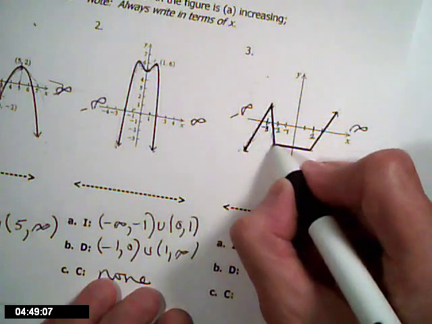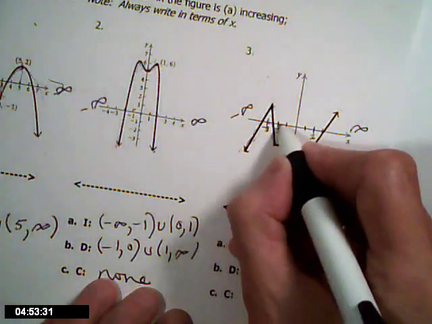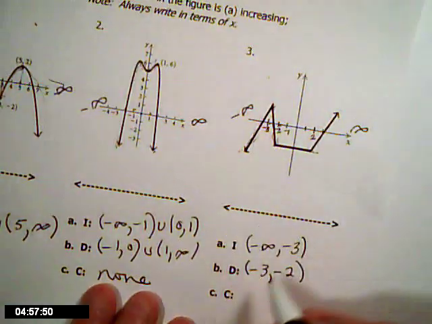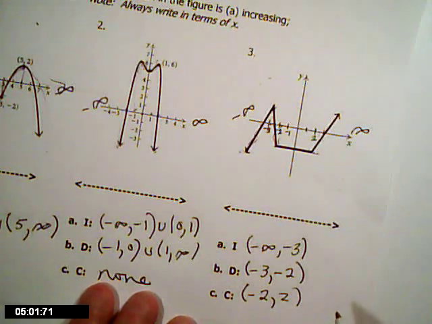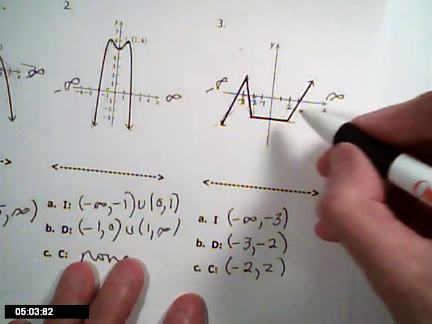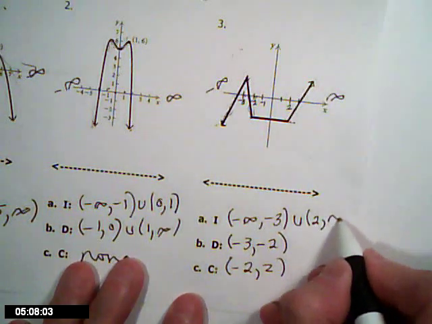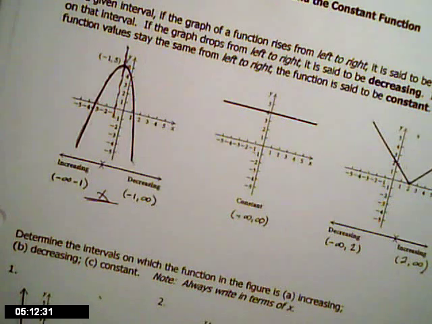Then we decrease from -3 to -2. We remain constant from -2 to positive 2. And last, we increase again from 2 to positive infinity. If you can remember interval notation, always use parentheses and use x, x, x.